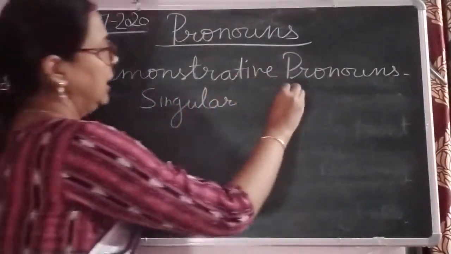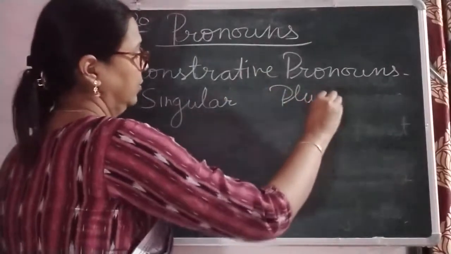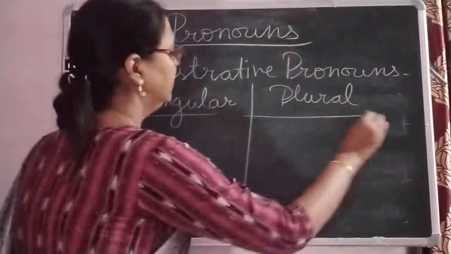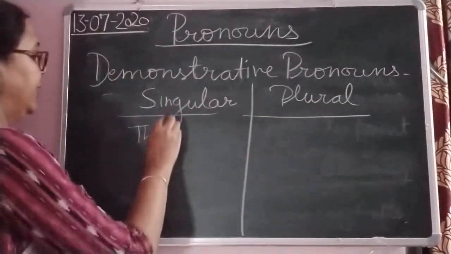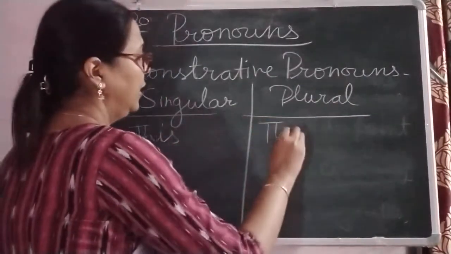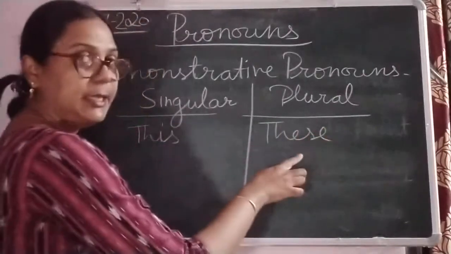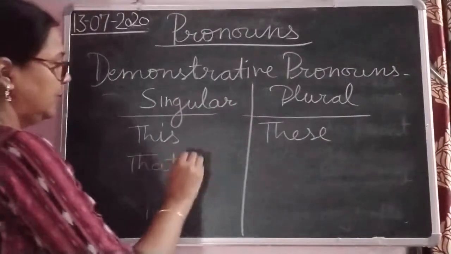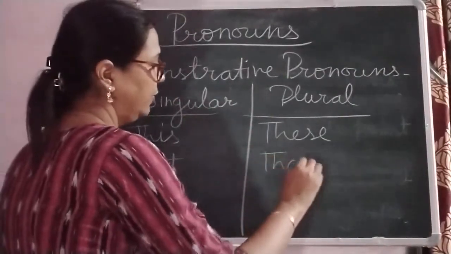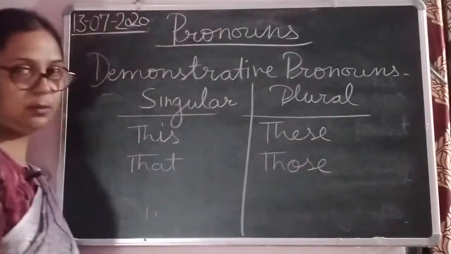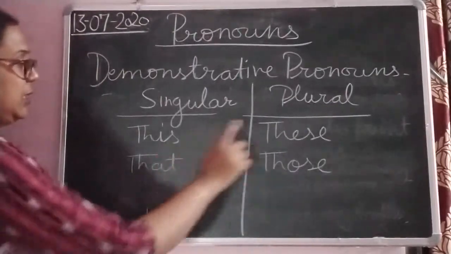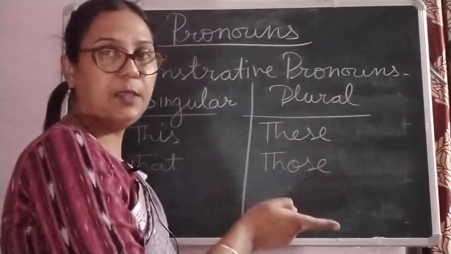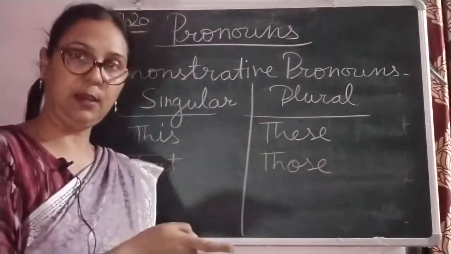Singular form and plural form. Now here you can see, if it is written this, in the plural we are going to write these. If it is written that, in plural form we are going to write those. So this we have to remember, these four words are always used to point out something, object, person or thing.